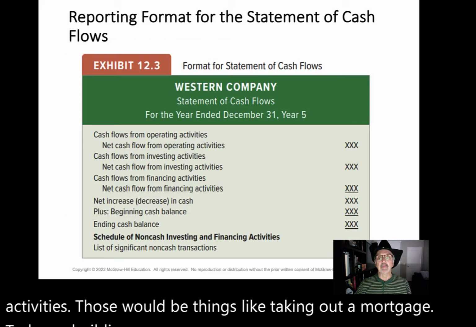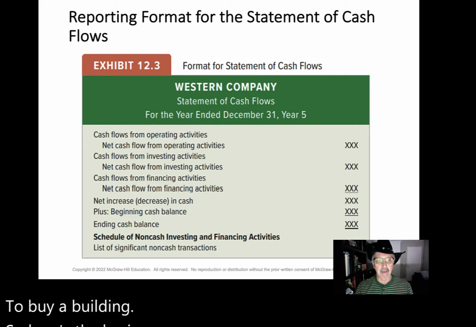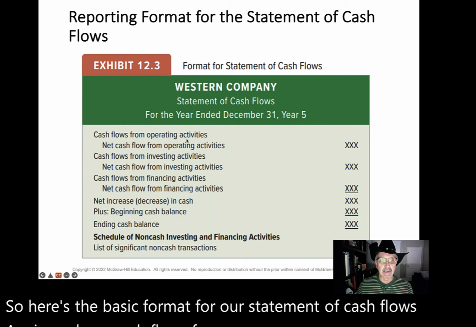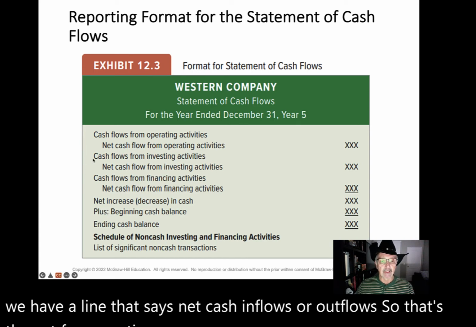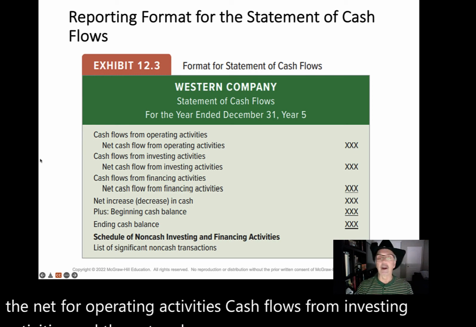So here's the basic format for our statement of cash flows. Again, we have cash flows from operating activities, and then we have a line that says net cash inflows or outflows. So that's the net for operating activities. Cash flows from investing activities and the net cash inflows or outflows from there.